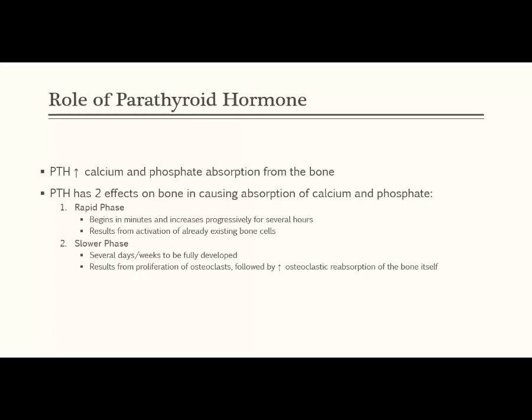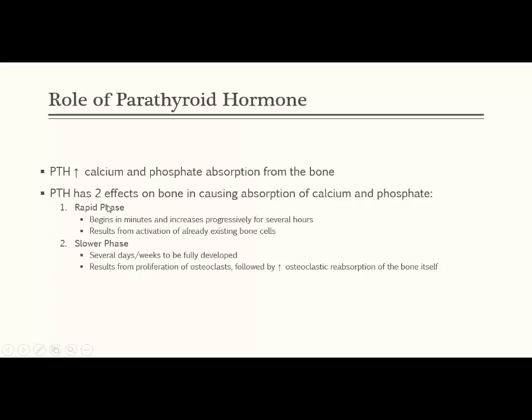Parathyroid hormone, as you remember, has the effect of causing reabsorption of calcium and phosphate from the bone. It has two effects, a rapid and a slower effect on the bone.